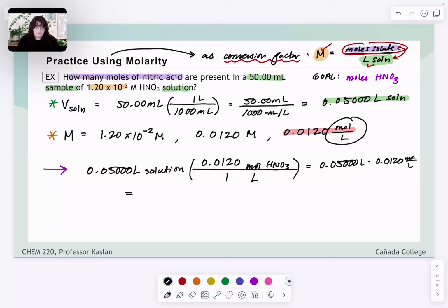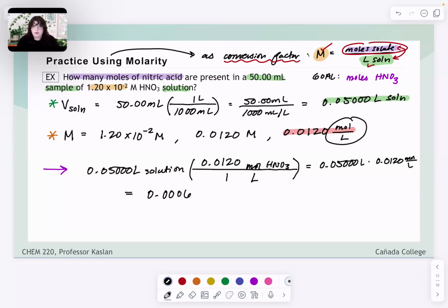So let's see if we can get that product. So 0.05000 times 0.0120. When I do this, I get 0.0006, which makes sense, right?